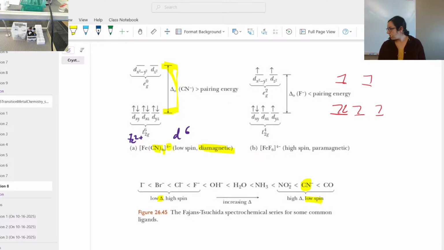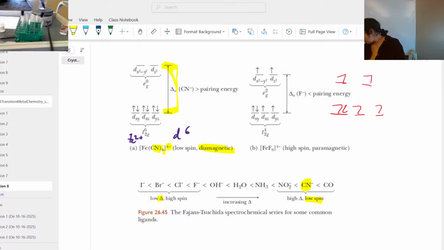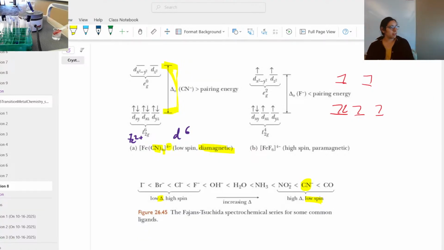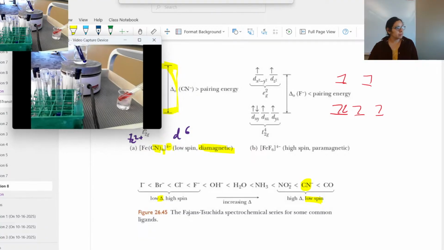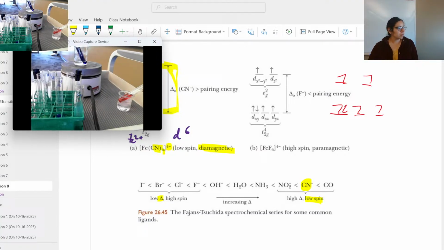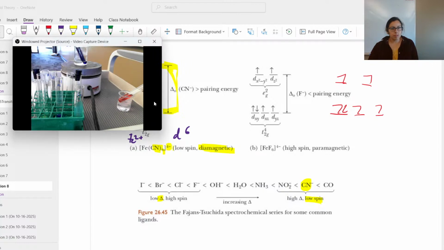Any day now. There we go. Sorry, trying to do some camera work, and then let me pop this out. All right, that should work.